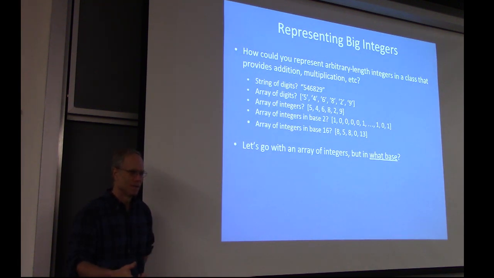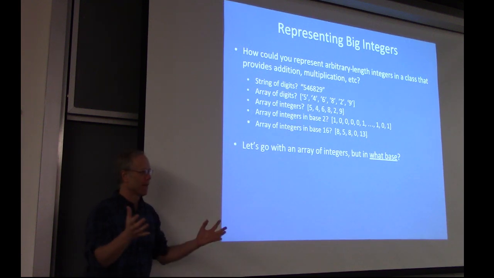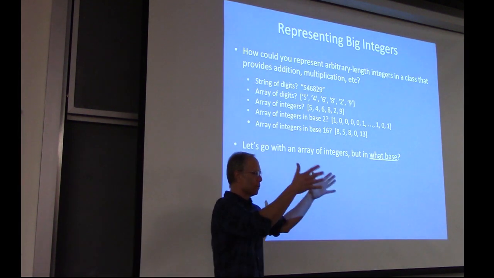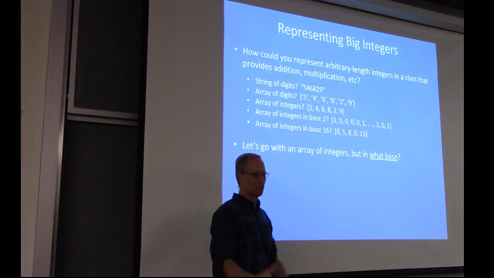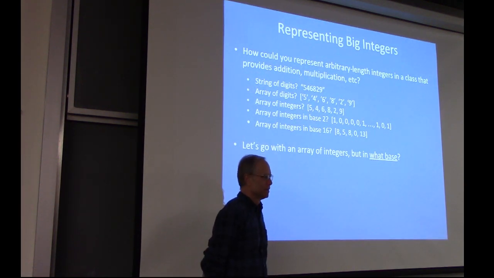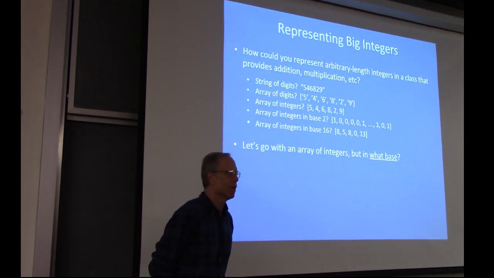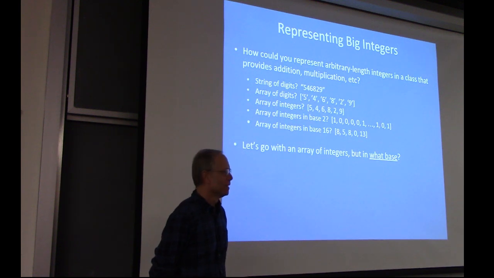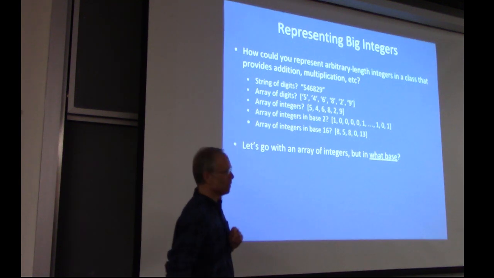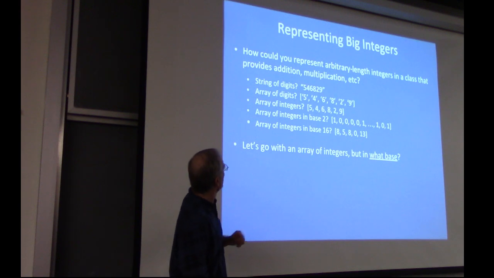And the Unicode character for 6 is 54. So when it comes time to add, multiply, divide, or whatever, you've got to convert from characters into something you can actually do arithmetic with. So unless you plan to do almost nothing with your long integers except read them in and write them out in base 10, that's not going to work out so well. Those first two don't work.